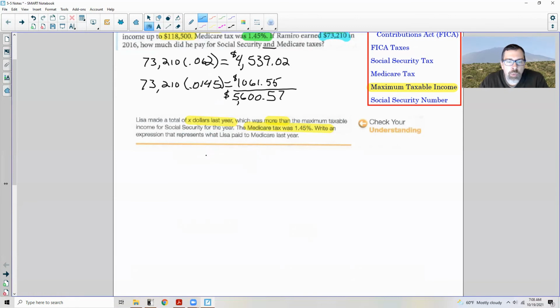So all it is is 1.45%, or 0.0145. I'm sorry, we're going to convert from a percent to a decimal. 0.0145X. And that's it. We're paying 1.45% of our X dollars. Medicare does not have a max. Social Security does.